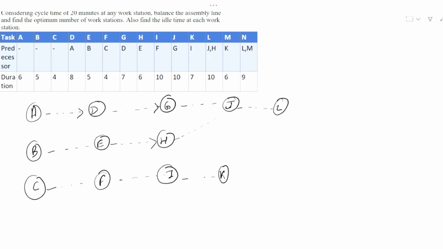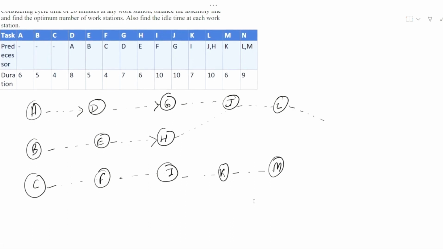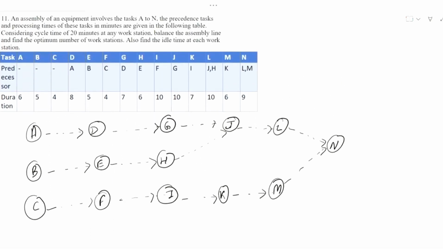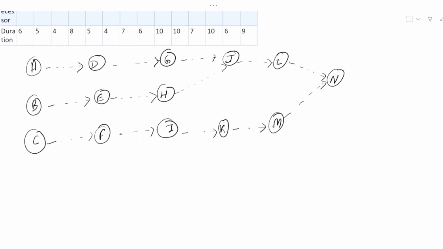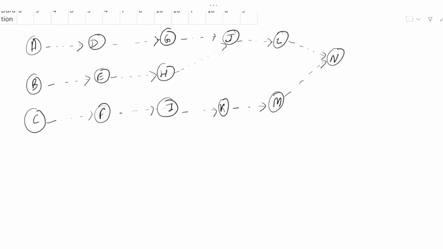M has K and N has L and M. Arrow mark gives the direction for these balanced activities. Now we will group them as per the workstation and element time.